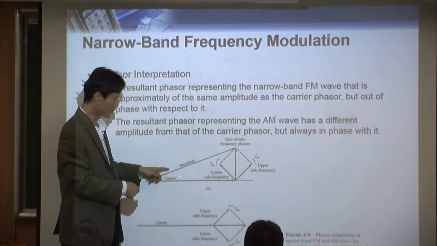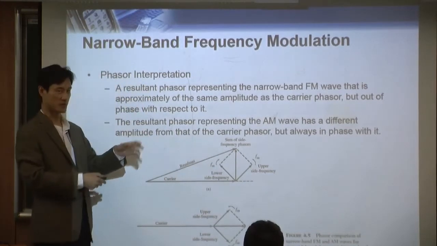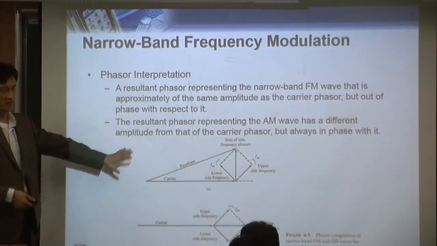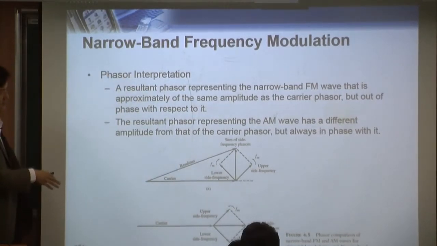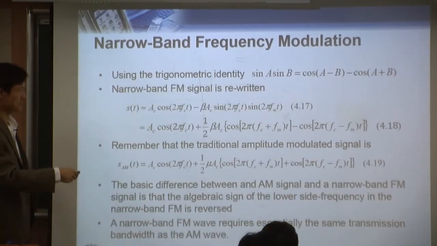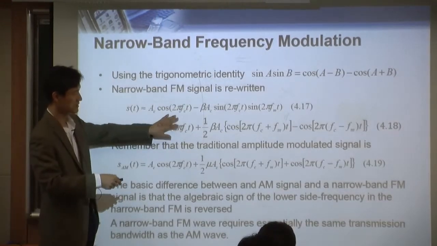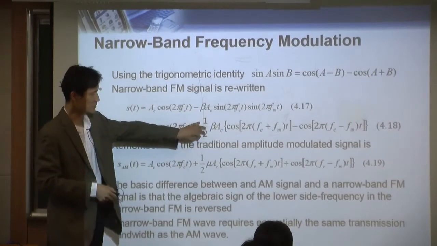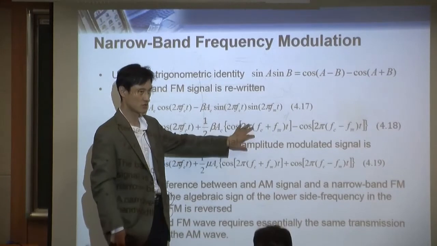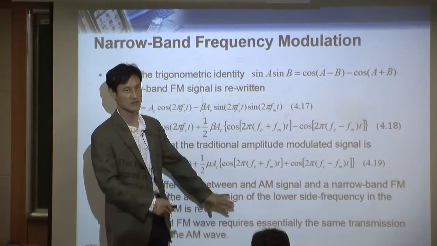And now the resultant, the final output, goes that way. So that's the only difference. But this is just to help you understand what this means, and the difference between the narrowband FM and amplitude modulation, just to show the difference in the phasor interpretation.